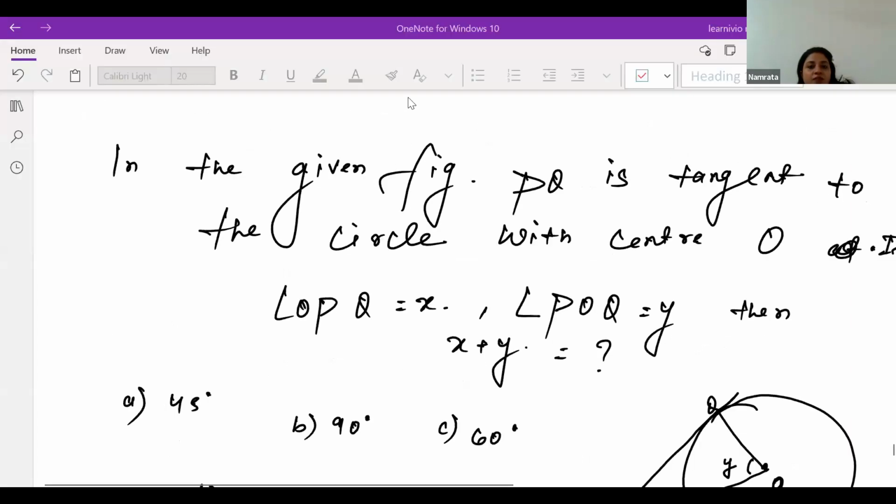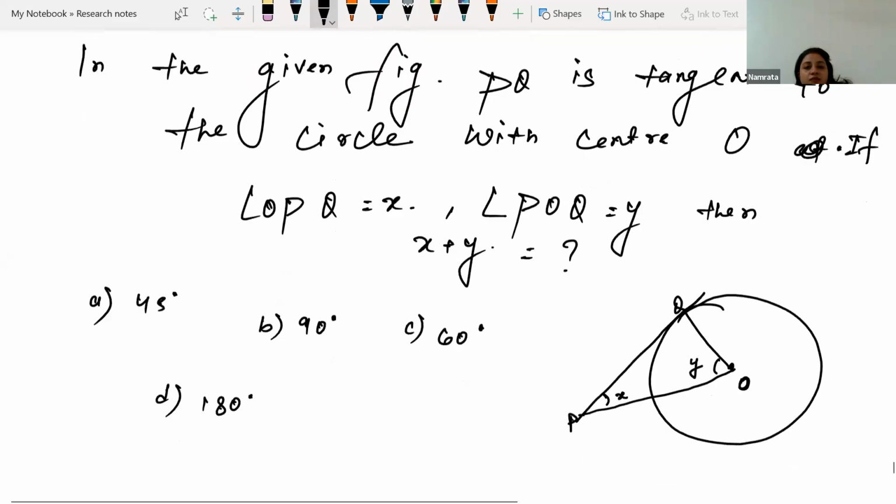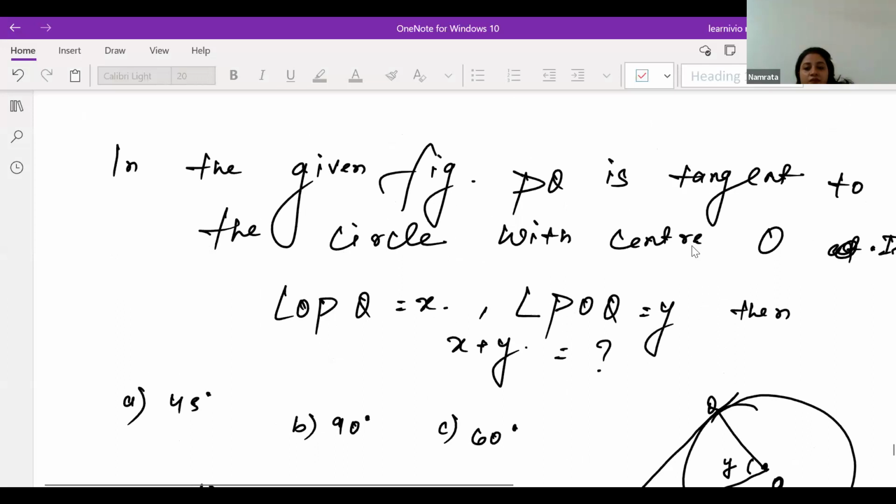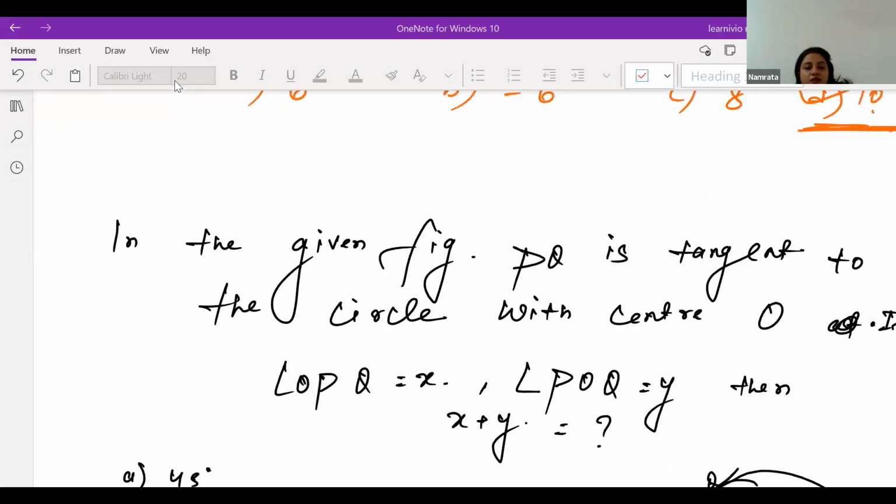Jasleen is saying 180 and Samina is saying 45 degree. Okay, I'm keeping both. It's 90 degrees. Okay, who said 90? Kiran. Kiran is saying 90.